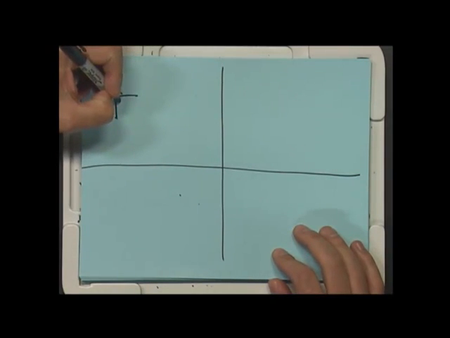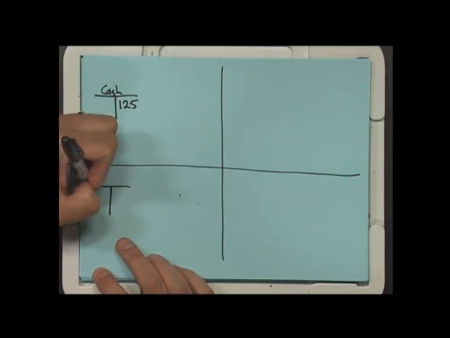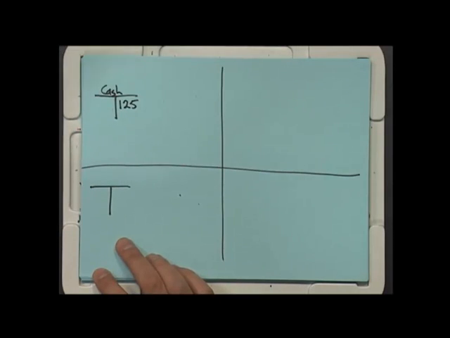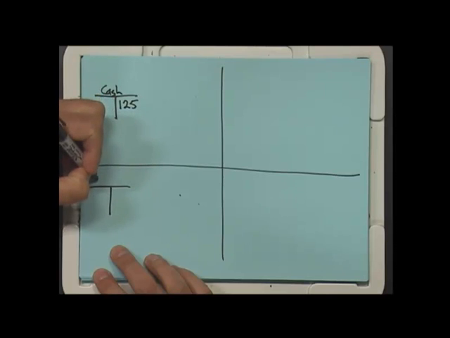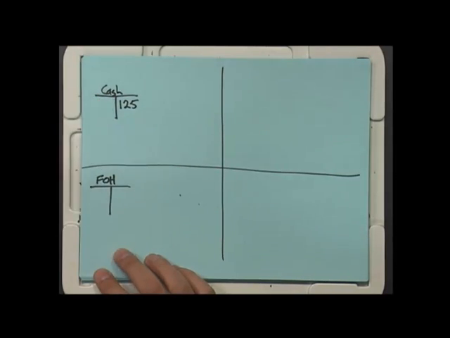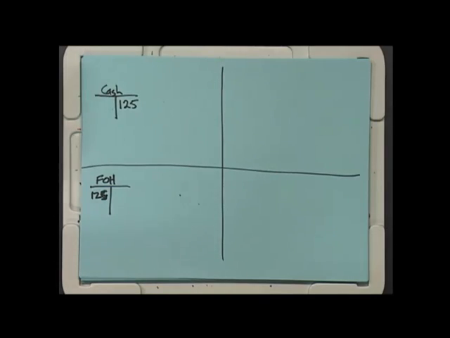Our very first entry is going to be to take that $125,000 in fixed overhead and put it into a fixed overhead account on the income statement. So what have we done here?